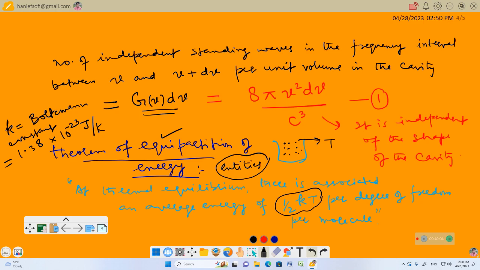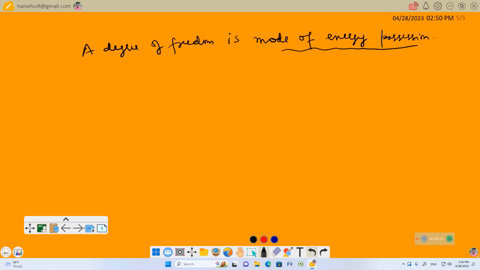Now, this theorem of equipartition of energy was used by Lord Rayleigh and James Jeans to find the average energy per standing wave in the cavity. So their idea was, in the cavity we have radiation, right?